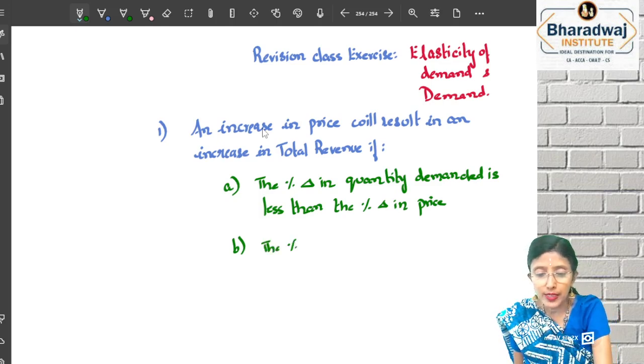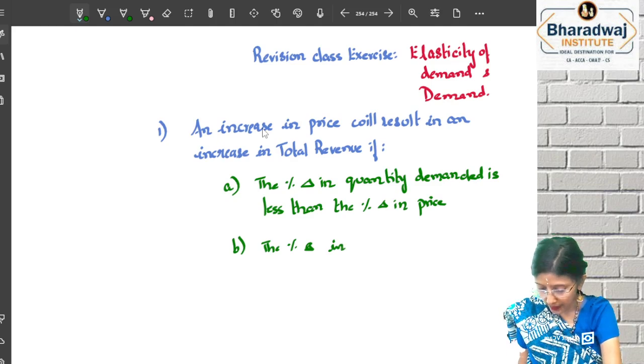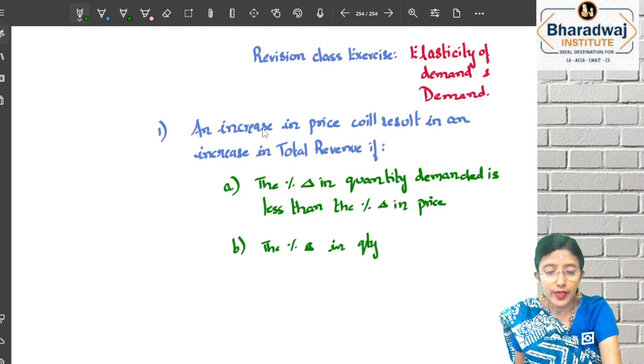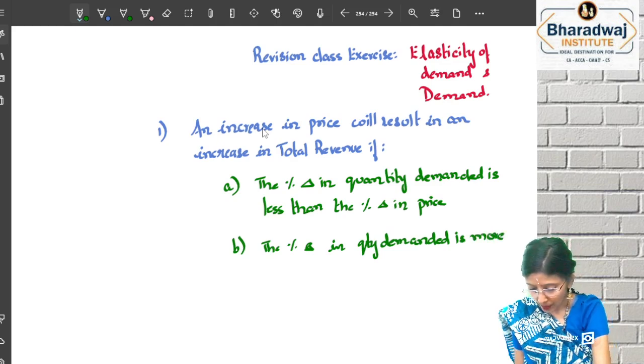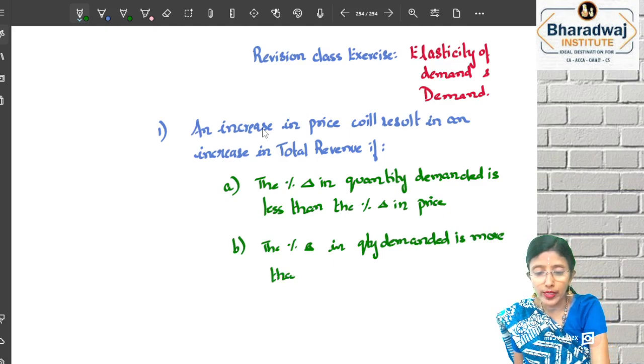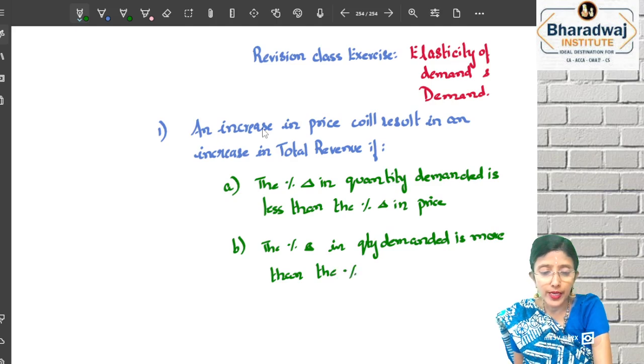The percentage change in quantity demanded is more than or greater than, or same as the percentage change in price.